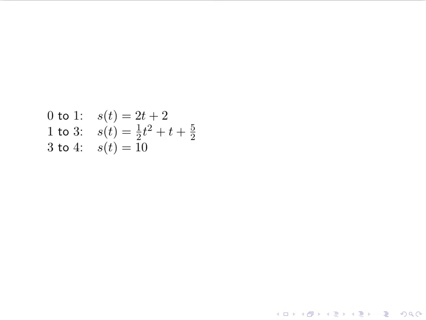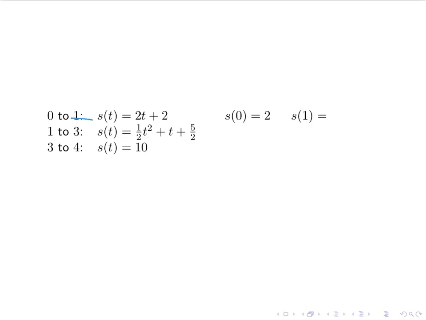Just like the last time where I did the integral, we want to make sure that our points match up. So I'm going to find 0 to 3 and then also 3 to 4 and make sure that between them they're the same. So plugging in s of 0, I have 0 plus 2, which is 2, which is what we want because that's what we were given.